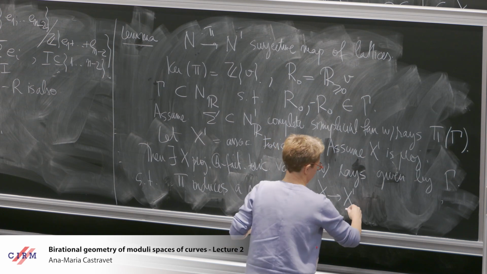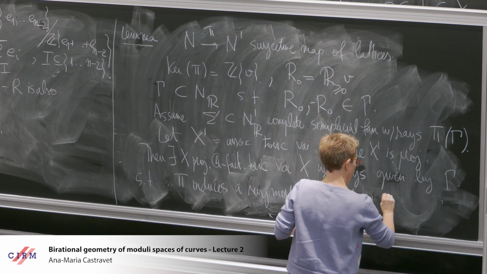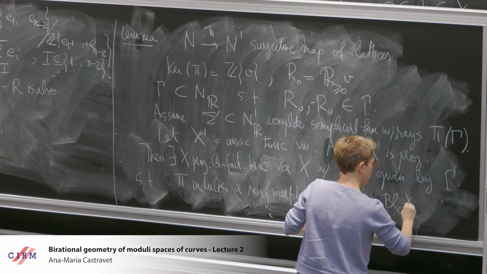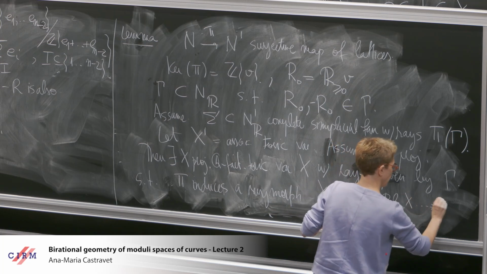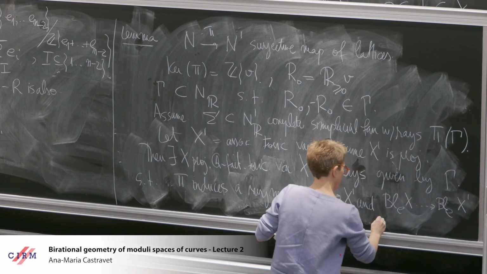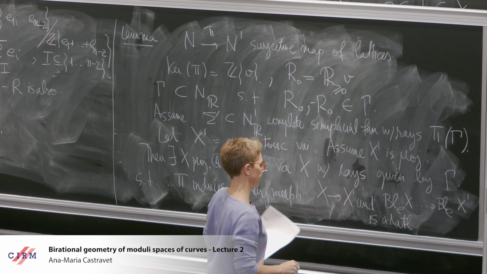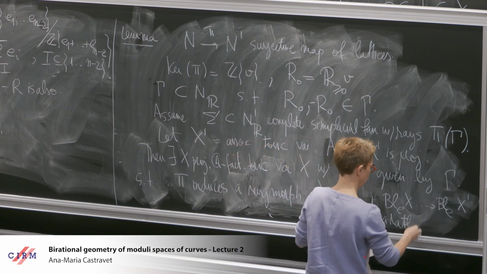And furthermore, when you look at the rational map between the corresponding blow-ups at the identity points, this is a rational contraction. So it can be decomposed as a small modification followed by a surjective morphism.